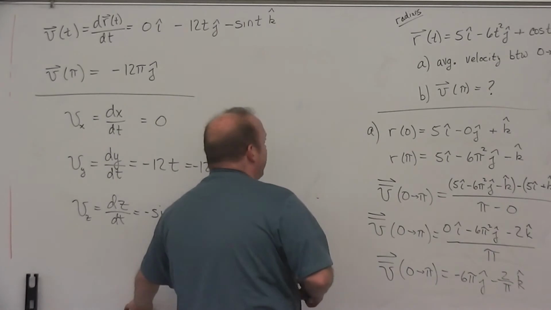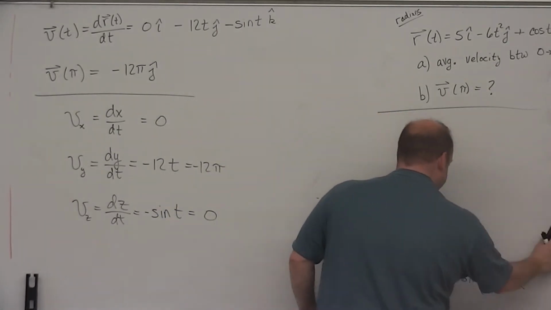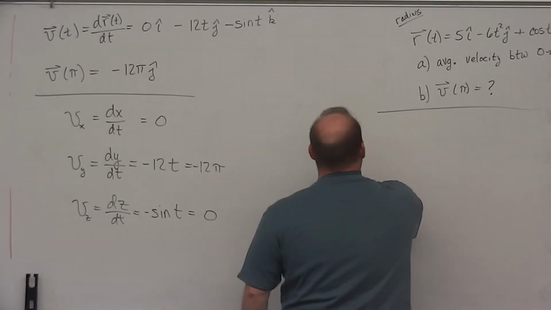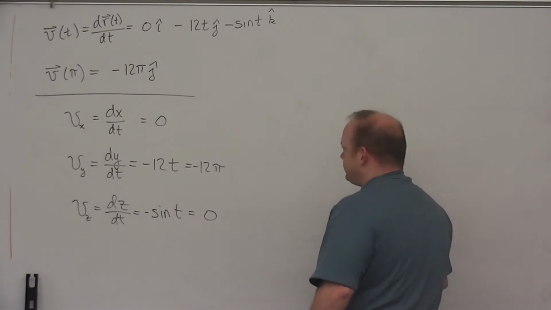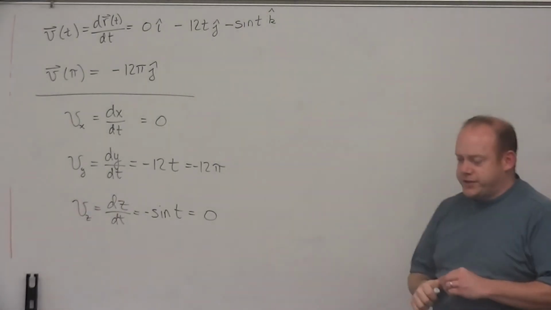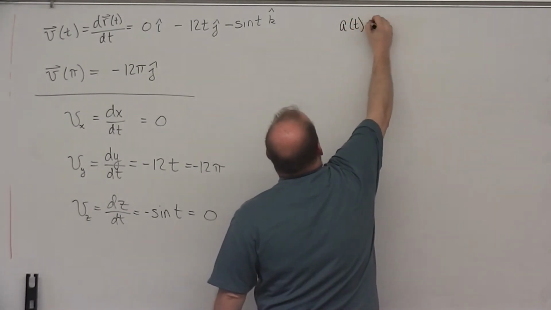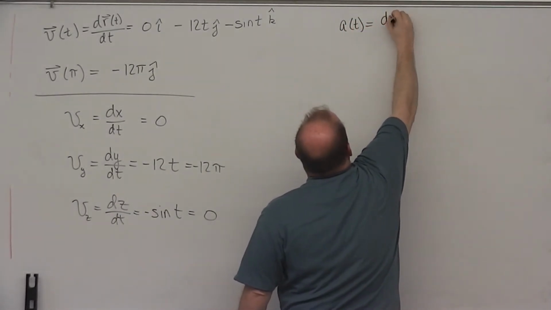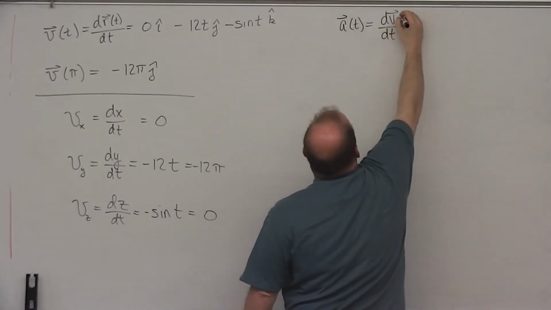Now, acceleration is basically the same thing. Acceleration as a function of time is going to be dv dt, and this is a vector.